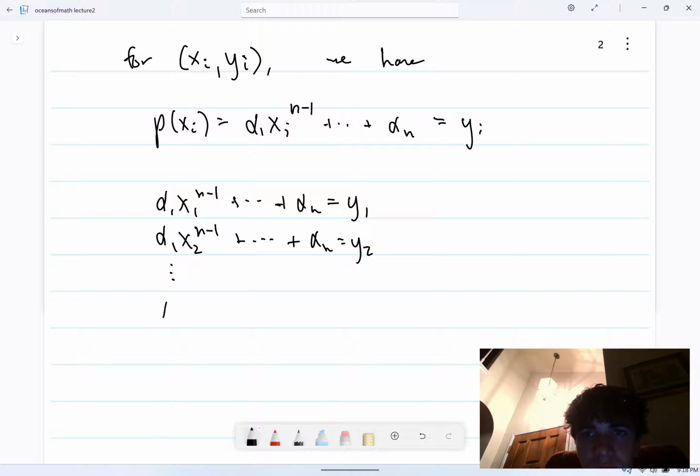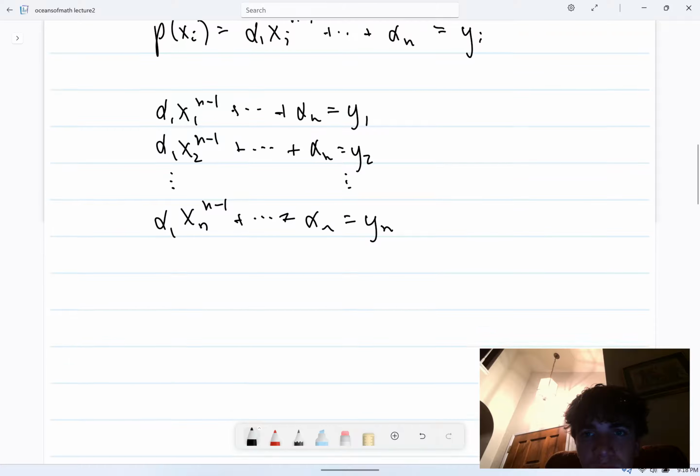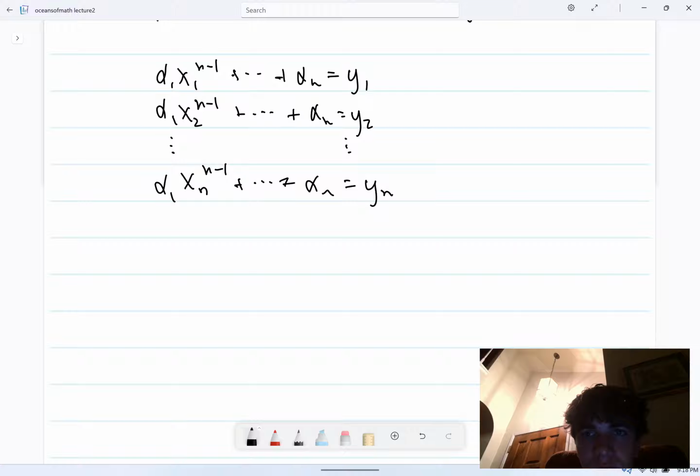xn. And so we can recognize that we can rewrite this information in matrix form, okay? And take a second and think about what that matrix would look like.